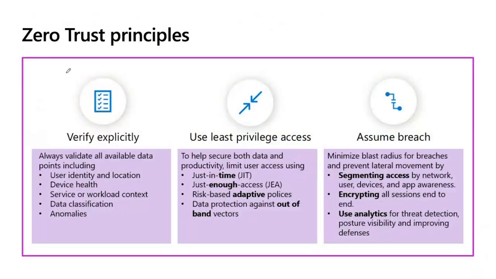So to enhance security, we have the zero trust principle, where we have a very simple thumb rule that is never trust, always verify. Verify everything, every access, every request, verify all the time. When we talk about verify explicitly, this is the main feature in zero trust, including others like use least privilege and assume breach.